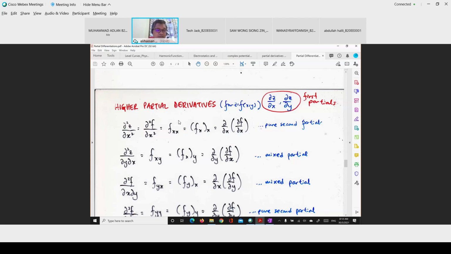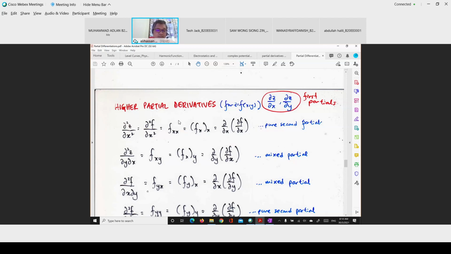We can also have mixed partials as shown in the next equation. Here we have f partial y partial x, or written in the form of this symbol, f with subscript xy. It means that first we take f partial x and then differentiate the result with respect to y. It can also be rewritten in this form. This is called mixed partial because we have partial with respect to x and partial with respect to y.